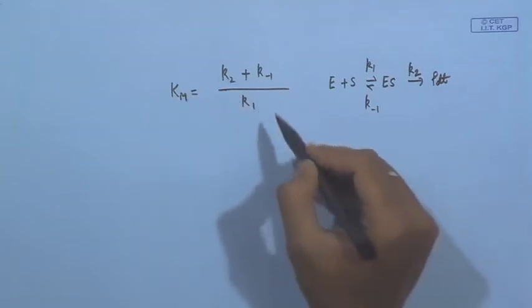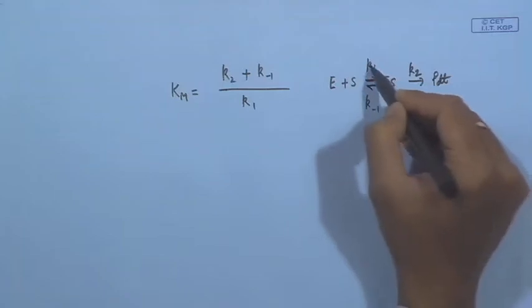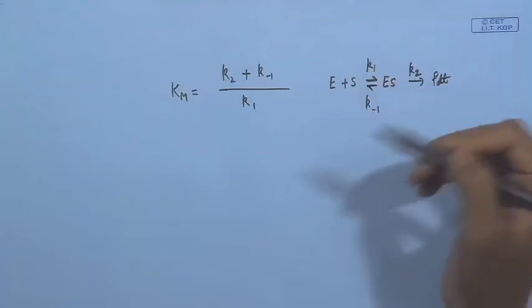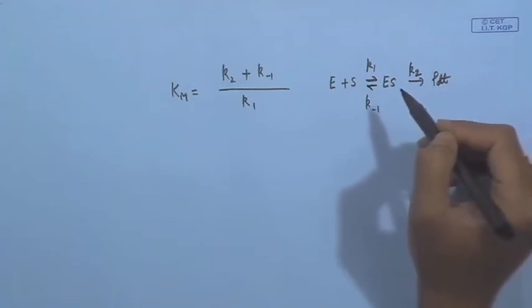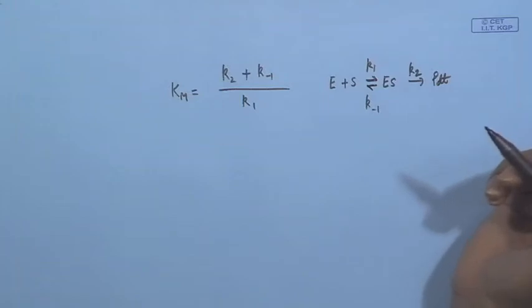Okay. So, in that way, the relative weightage of which step is more pronounced, or which step is important, whether K1 is more, K minus 1 is more, or K2 is more, their relative magnitudes will determine whether the Michaelis constant will be high or low.